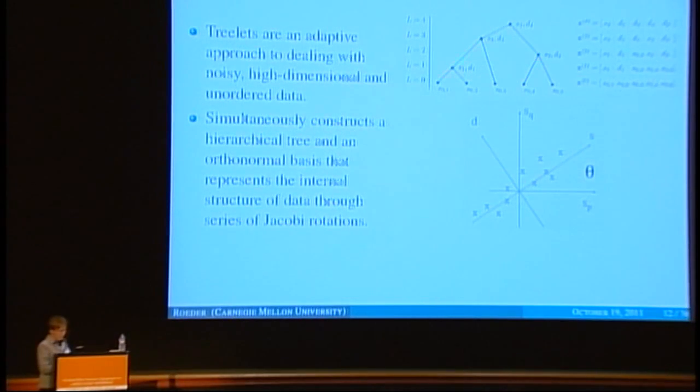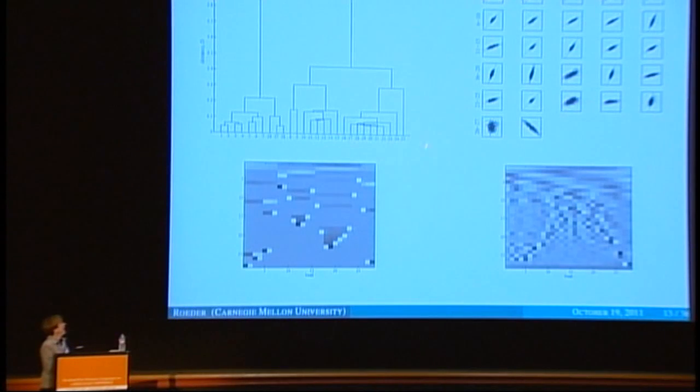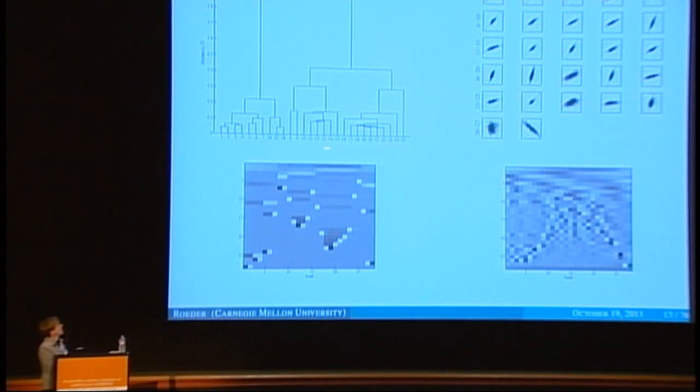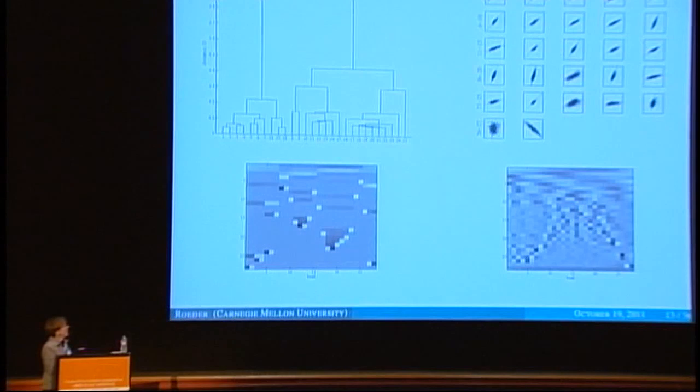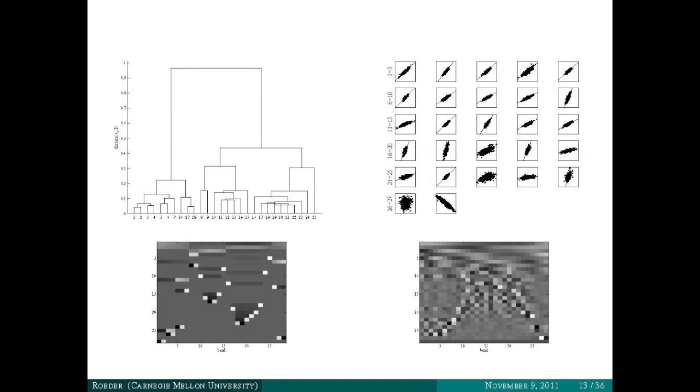You move up, and you get a whole basis that way. The basis is built by clustering the variables that are closest together, and then it builds up the orthonormal basis. In our case, these nodes would be the people, and so the people are naturally going to cluster by how genetically similar they are.